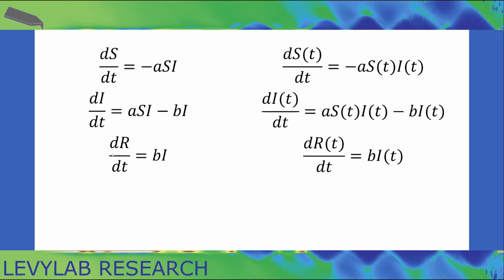You can also write them so that they have explicit time dependence. So S is really a function of time, I is a function of time, and R is a function of time. The coefficients A and B are assumed in this particular model to be constant.